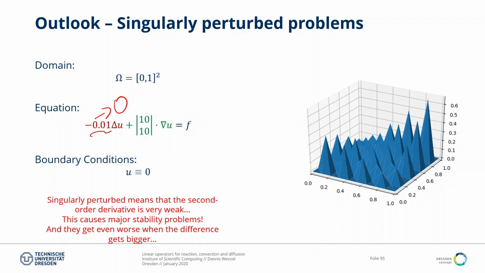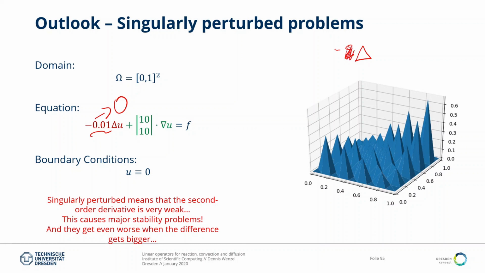Because we are always interested in second order problems, but there can be practical examples where the factor is actually small. And one common example is from fluid flows. So if you have a Stokes problem, so you have a turbulent flow, then you get a very small factor epsilon here, that's 1 over Reynolds number.